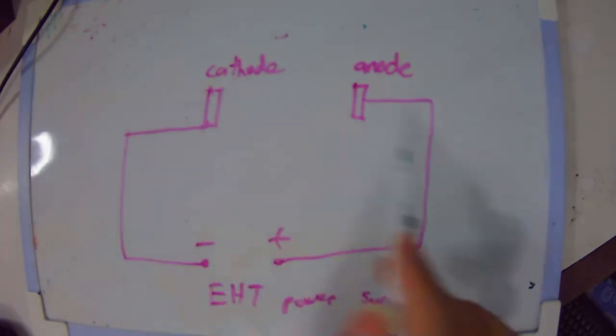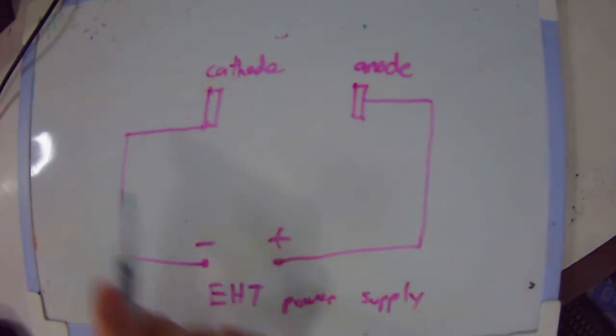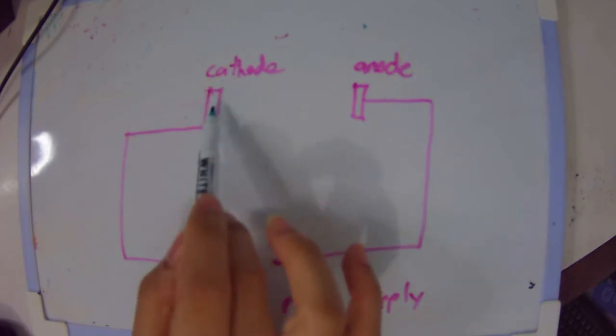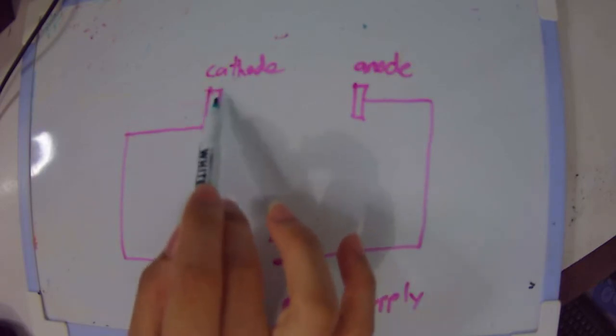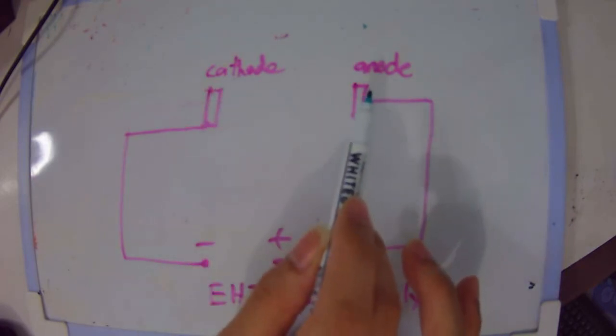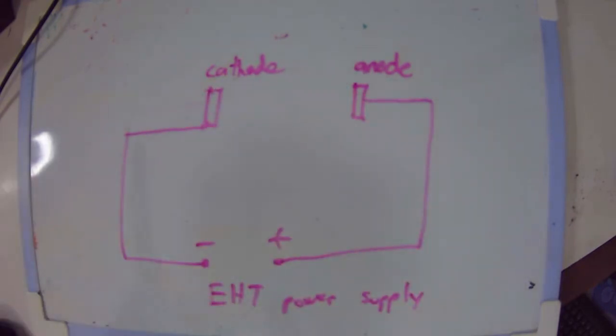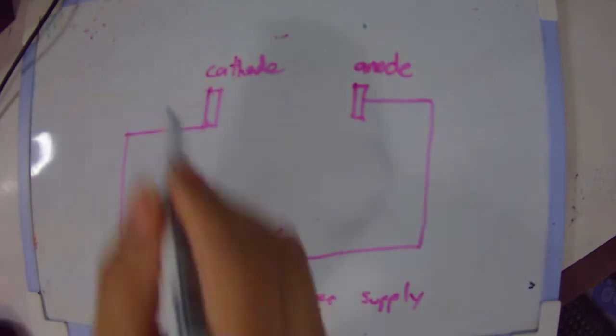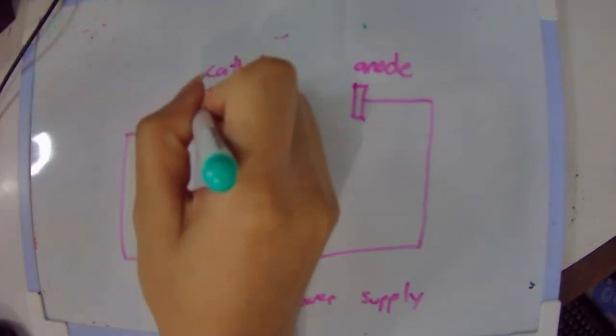Like I said just now, this circuit is incomplete. So we need to find a way to have the electrons move from the cathode to the anode. So what we did is we add another circuit. In the picture it's not 100% clear, but there are actually two circuits here. So now I'm going to draw the other circuit.